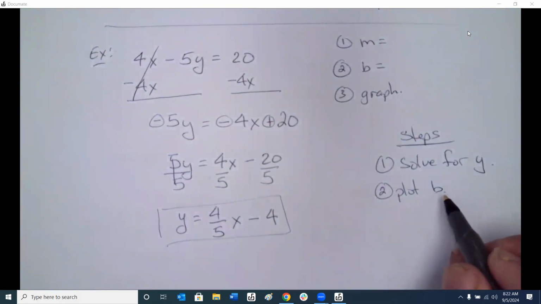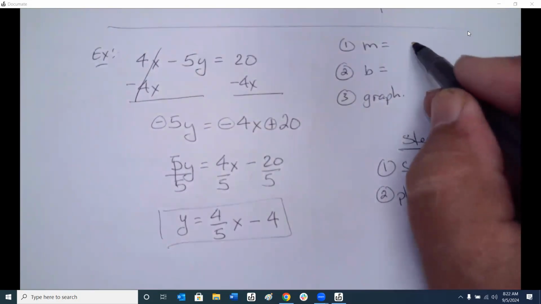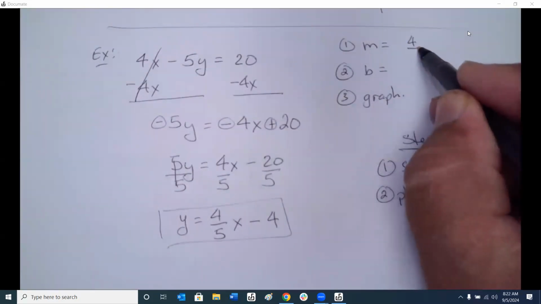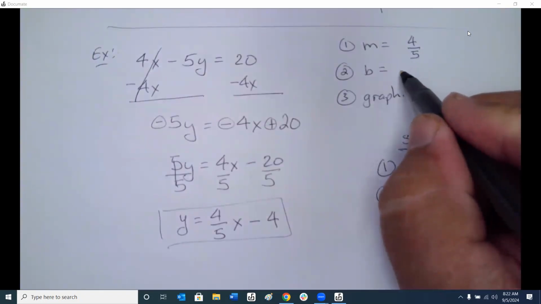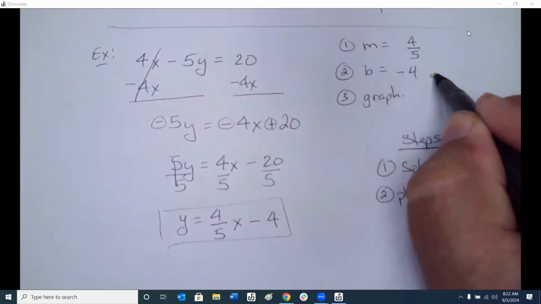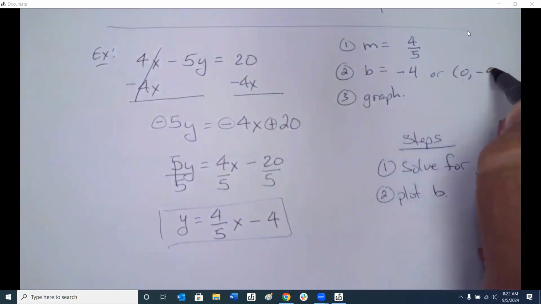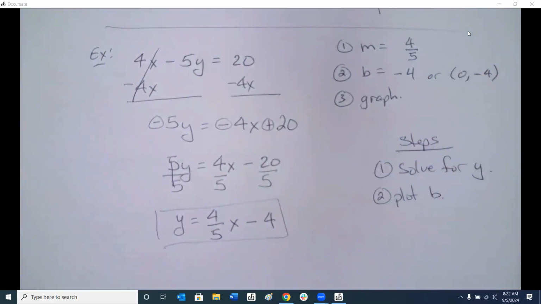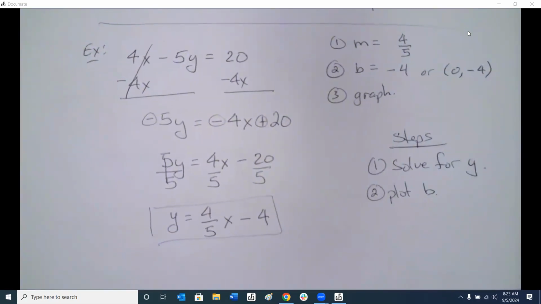Actually, what is your slope? 4 over 5. And the b, -4. Or if it's asking for the intercept, that. So the b value is -4, but the actual location is 0, -4.